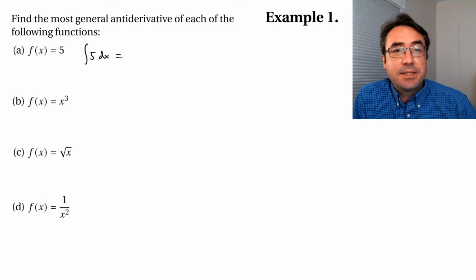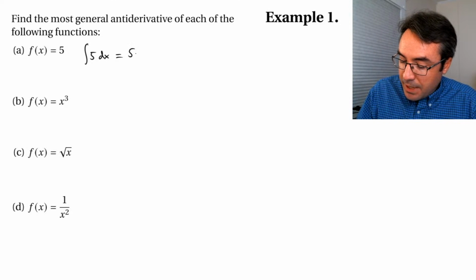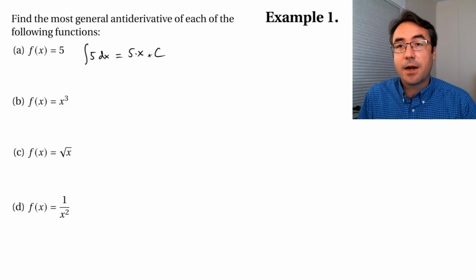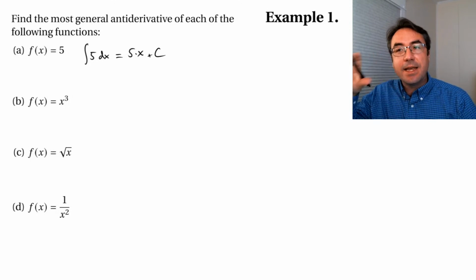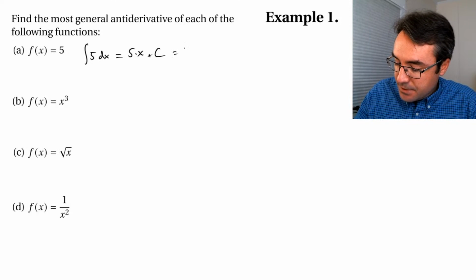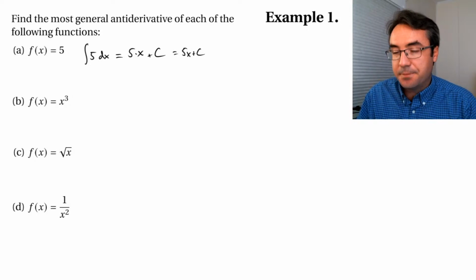So this is just a constant that's by itself. So what do we do? Well, we just multiply it by our variable. So 5 times x and then we add in our plus c at the end. So adding in the plus c will always be something we do the very last. So just 5x plus c here.